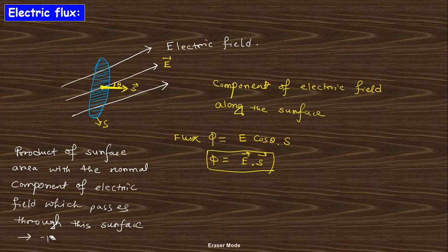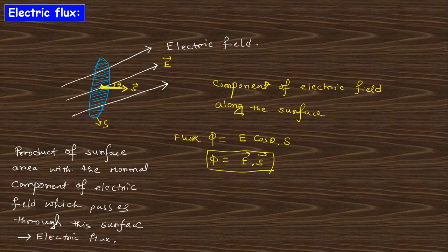In case of magnetic, we also find out the magnetic flux. So you are clear about the electric flux. This is nothing but the area into the electric field passing perpendicular to this area, and this is E dot S.